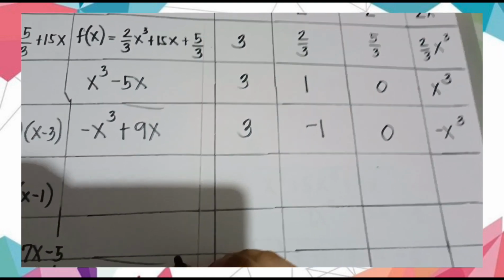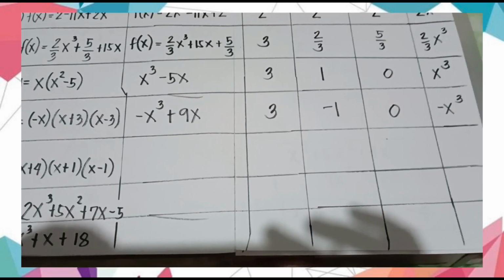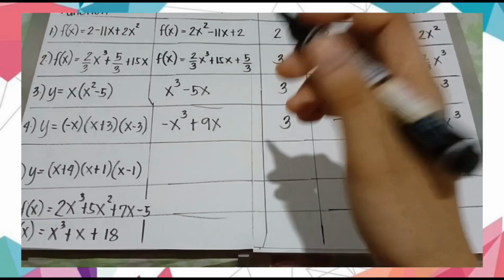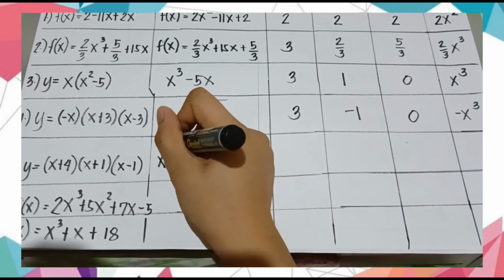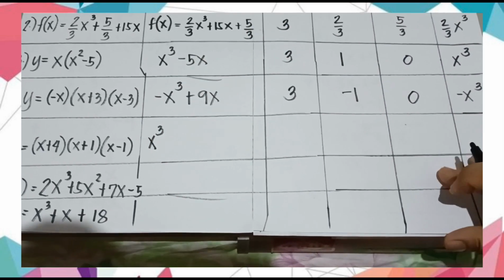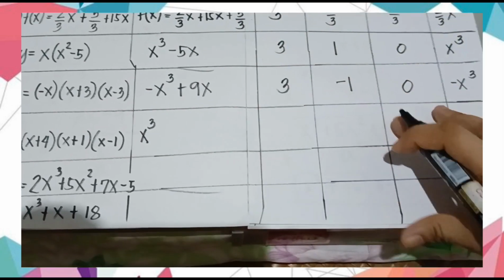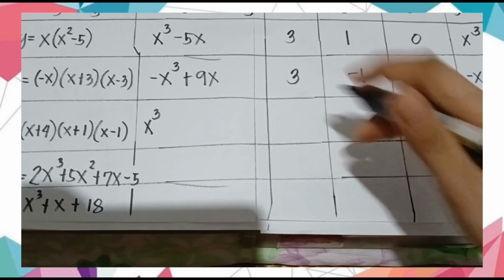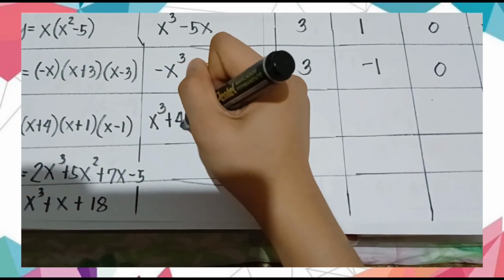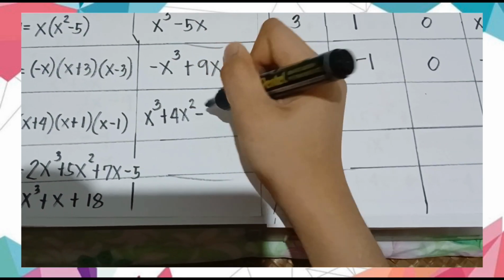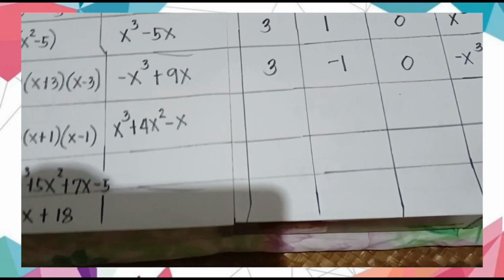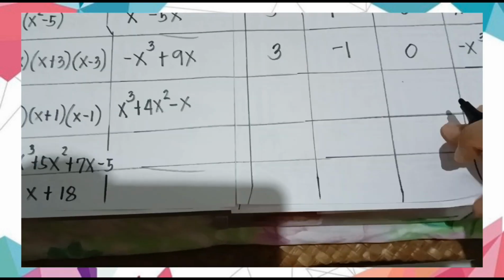So we will write this on our table. The standard form of y equals x plus 4 times the quantity x plus 1 times the quantity x minus 1 is x cubed plus 4x squared minus x minus 4.